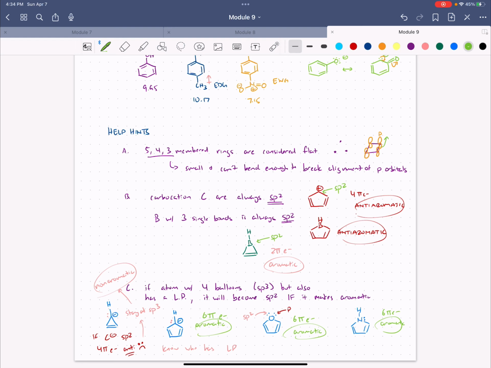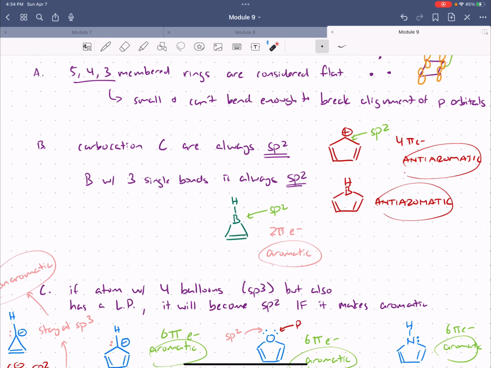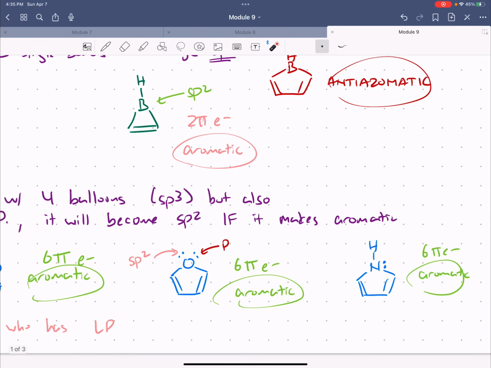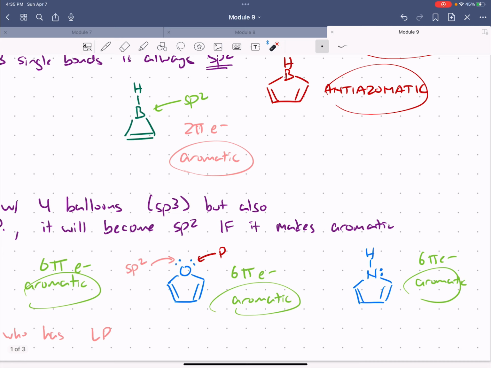Not every atom can choose to become sp2 if sp3. It has to be beneficial, and again, it has to be sp3 at the beginning, according to Organic Chemistry 1. Now, here we have some examples of oxygen and nitrogen.